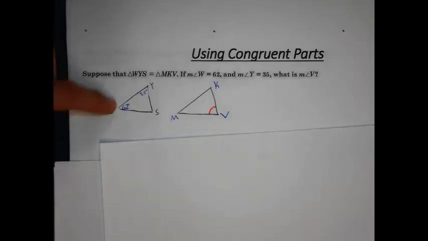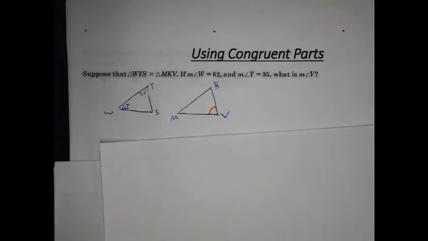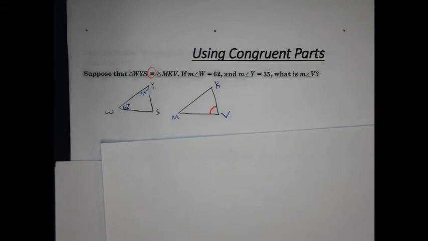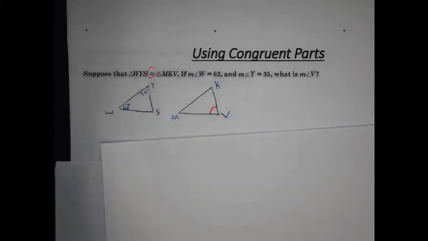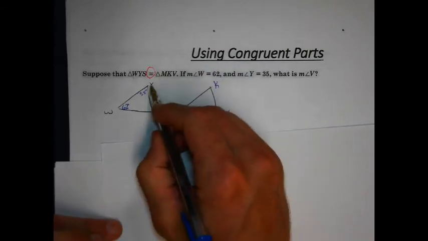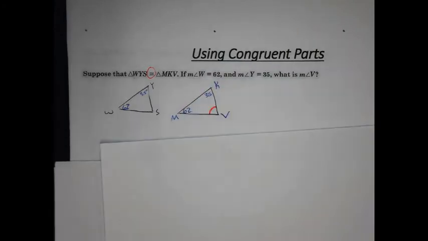So these two angles are 62 and 35. Now, what do we know? We know that these two triangles are congruent: same size, same shape. So all the corresponding parts are going to have to be the same. If angle W is 62, then angle M is also 62, which means angle Y being 35 means angle K is 35. Now, how in the world are we going to find angle V?